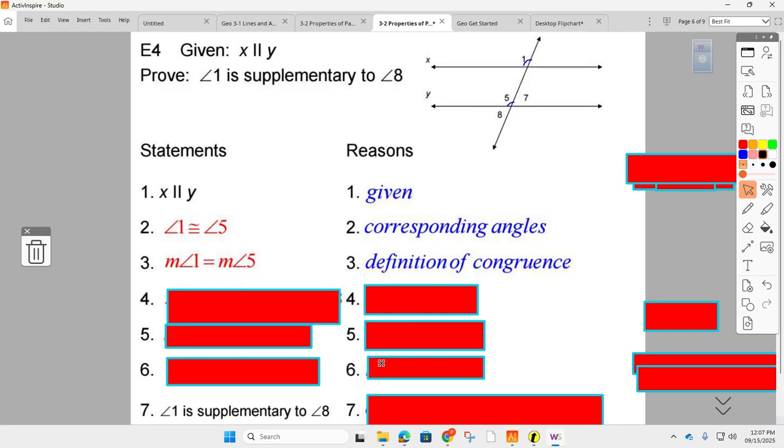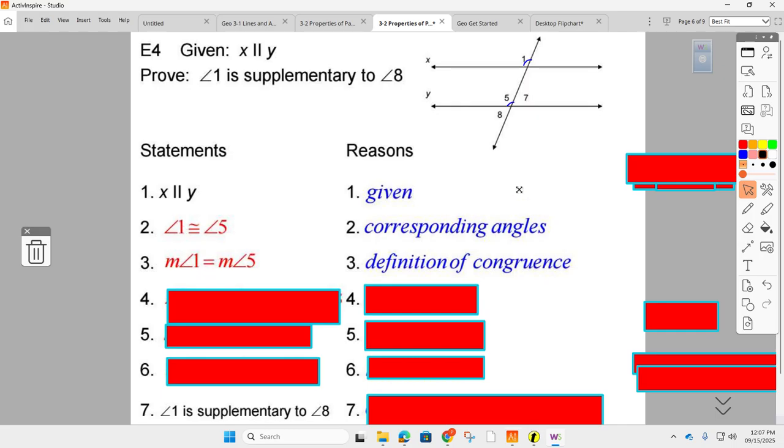While this is kind of a substitution, anytime we have a rule or postulate that's more specific to our statement, we're going to use that one versus substitution. So we are going to use the definition of congruence here.